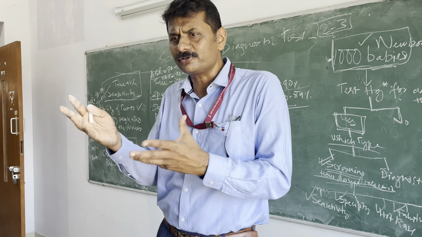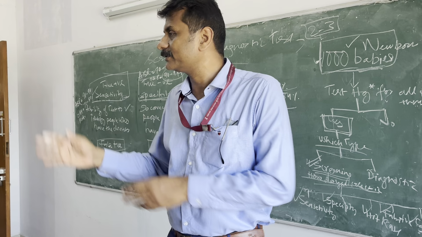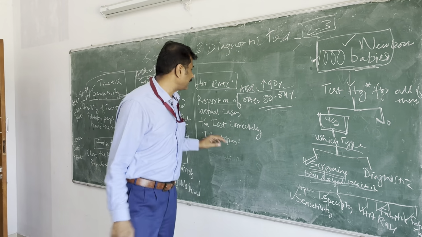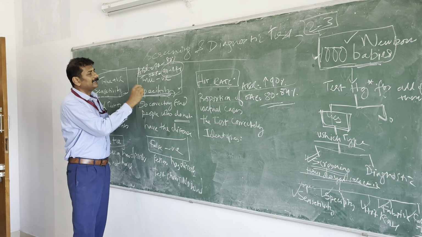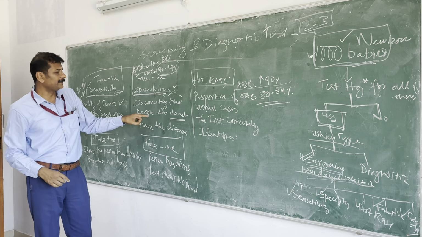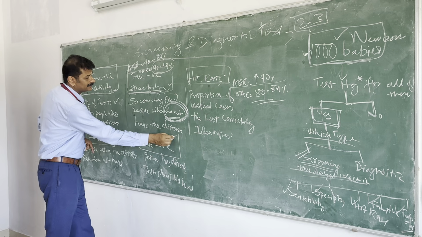But it is 0.02, 0.03%. So most of them would not be having the condition. So they should be screened out very easily and fast. So the test should be having high specificity. That means it should be correctly identifying people who do not have the disorder.